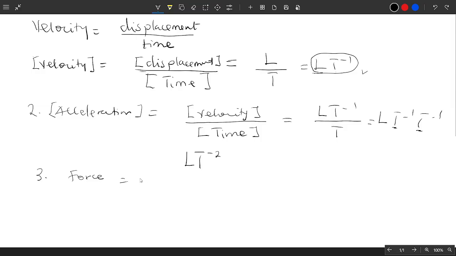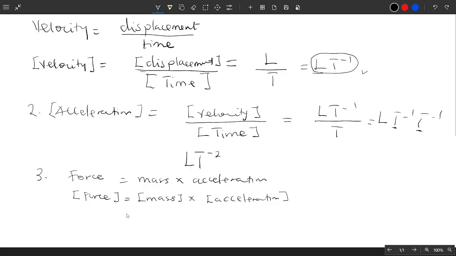So this is mass multiplied by the acceleration. So what then is the dimension of force? It is equal to the dimension of mass times the dimension of acceleration.